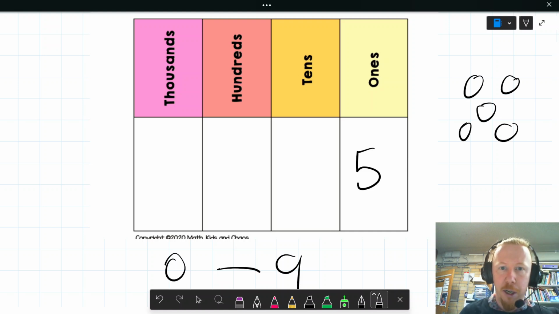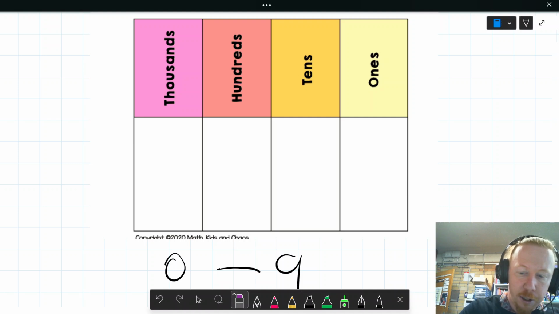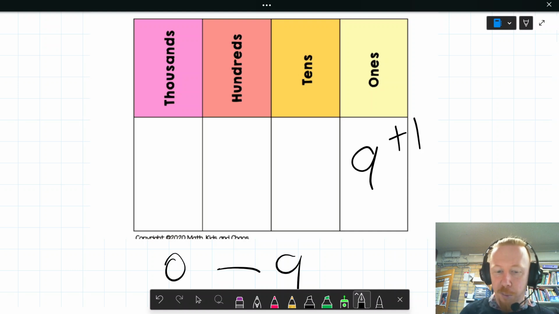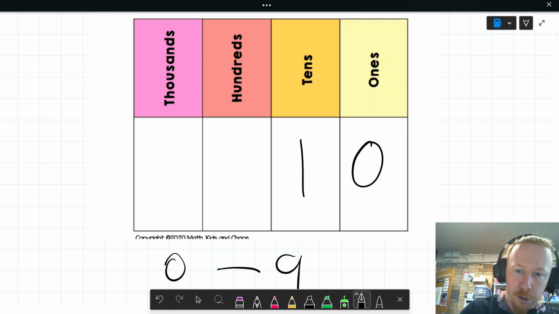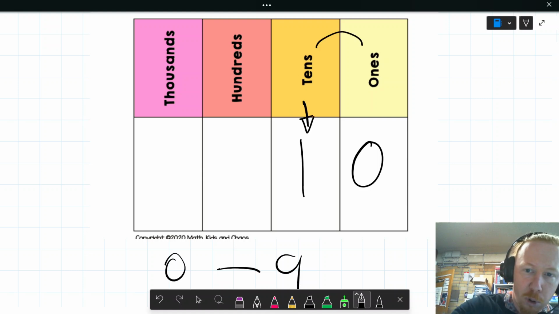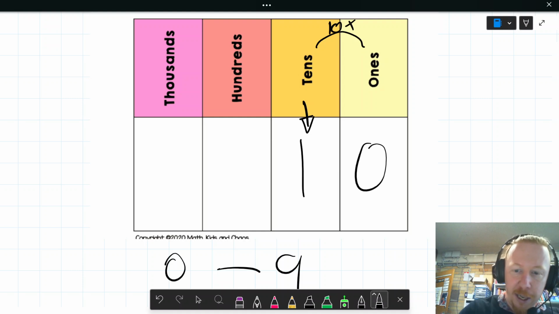That's 5, right? But once I go past having 9 in here, if I've got 9 and I add 1, then suddenly we do this little magic trick where we put a 1, the same symbol, into the tens column, and then we put a 0 there to make 10. So if it's in this bucket here, it is actually worth 10 times more than if it's in this bucket over here. And you'd be familiar with that, hopefully, if you've been paying attention in math, right?